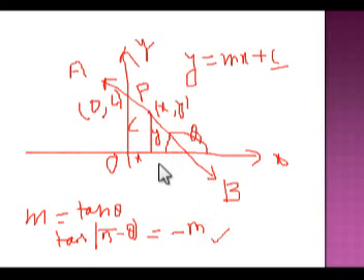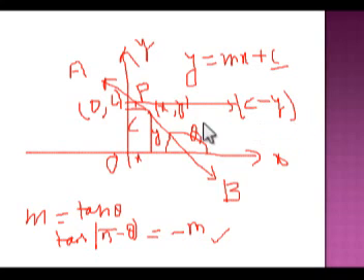Now if you take a perpendicular here, then this angle is minus m, and this is x, and this will be y minus c. This is c minus y, and this is x.